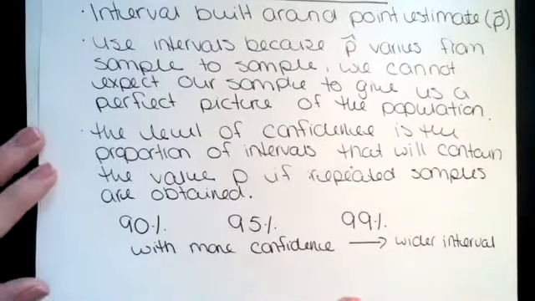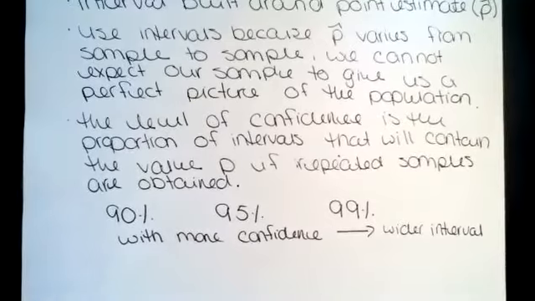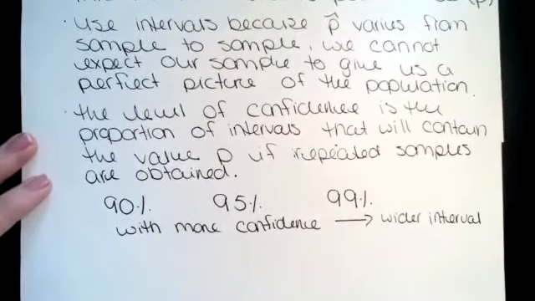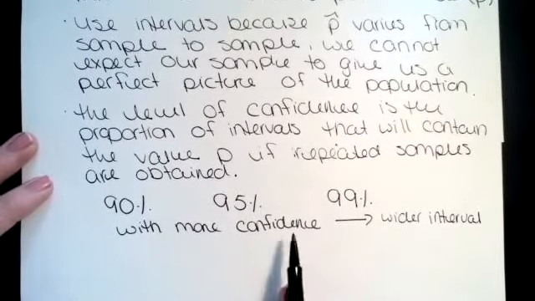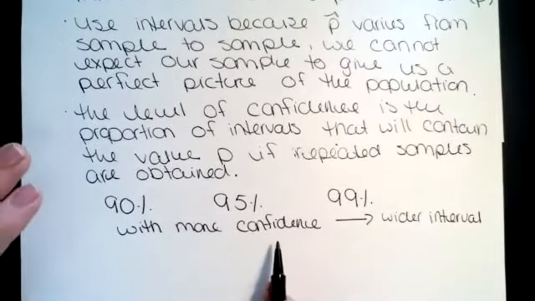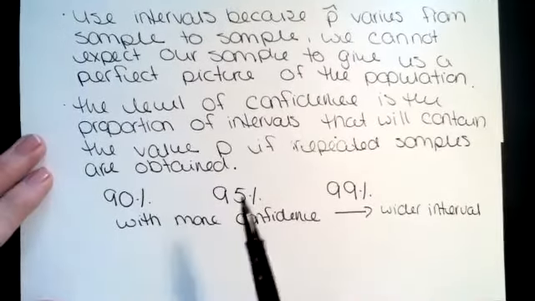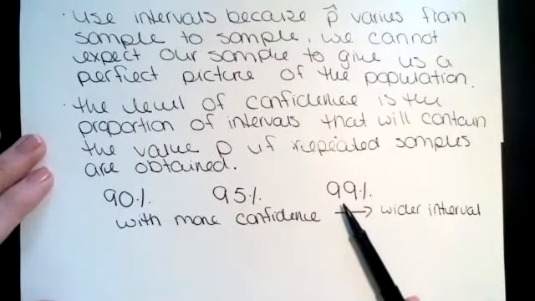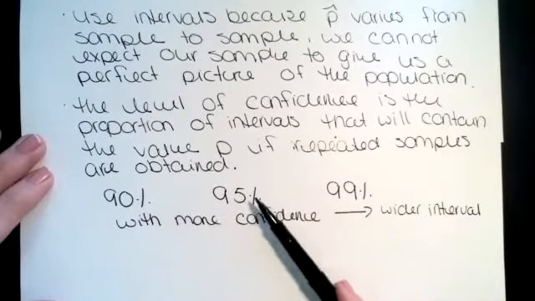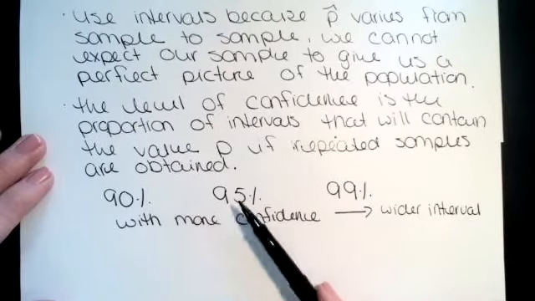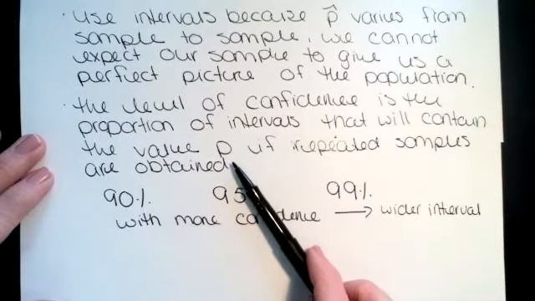It's tricky because most people think about confidence levels as feeling better about their calculation, feeling more confident in their calculation. That's not what confidence means in that respect. It means I'm going to include more numbers in my interval. Therefore, my interval will be wider, and that means I'm more confident in my CI including p.